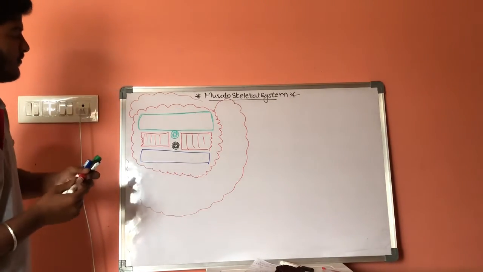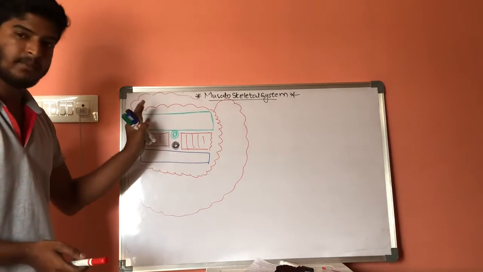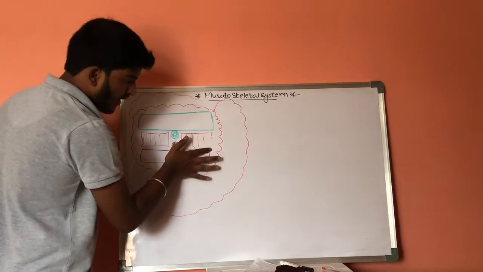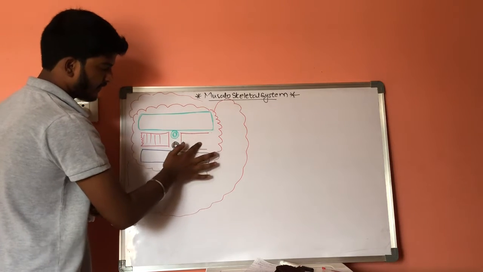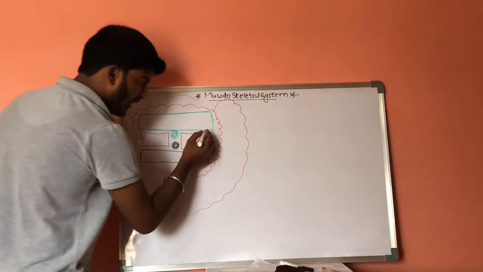Now, as the baby is growing, the lateral part of the midbrain will be cleaved into two halves.